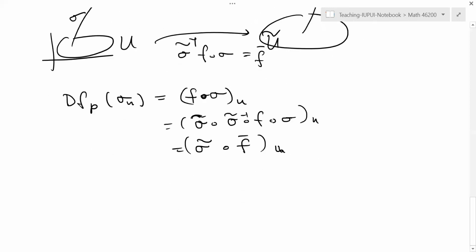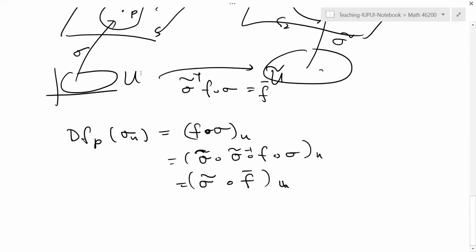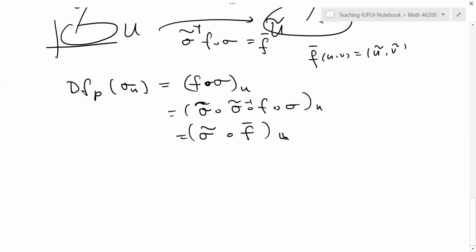Now f bar(u, v) is going to be (u tilde, v tilde), so u tilde and v tilde are functions of (u, v). So you get a matrix we call the Jacobian of f with respect to these two surface patches.